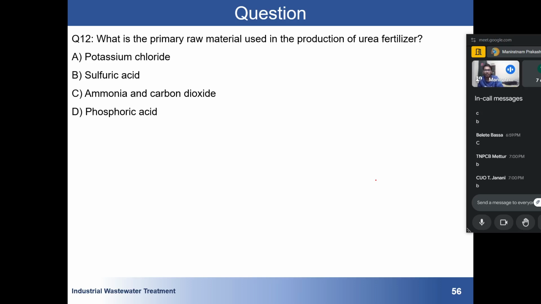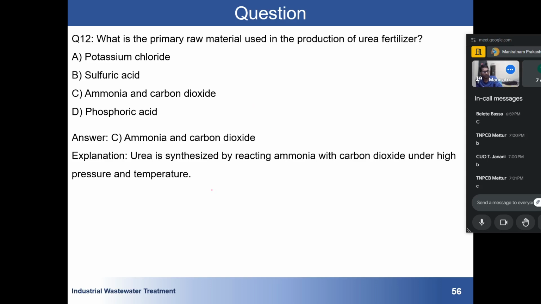What is the primary raw material used in production of urea fertilizer? C. Yes, correct. We have seen that this ammonia and carbon dioxide react and they form ammonium carbonate, and this carbonate again goes to urea.